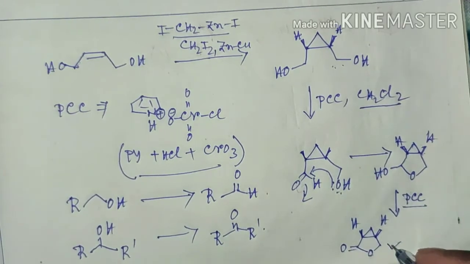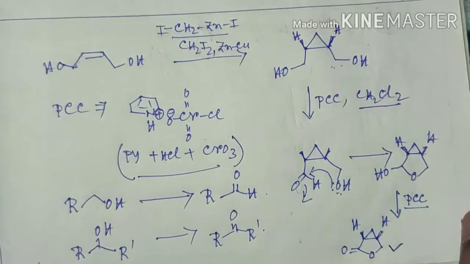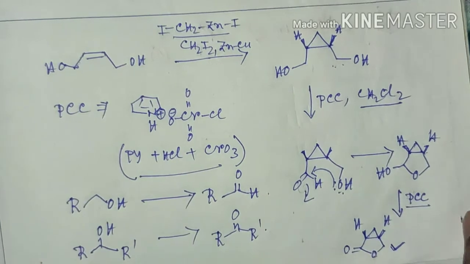So there will be formation of such a lactone, a 5-membered lactone, 1, 2, 3, 4, 5, and the final product of the given reaction is this one.